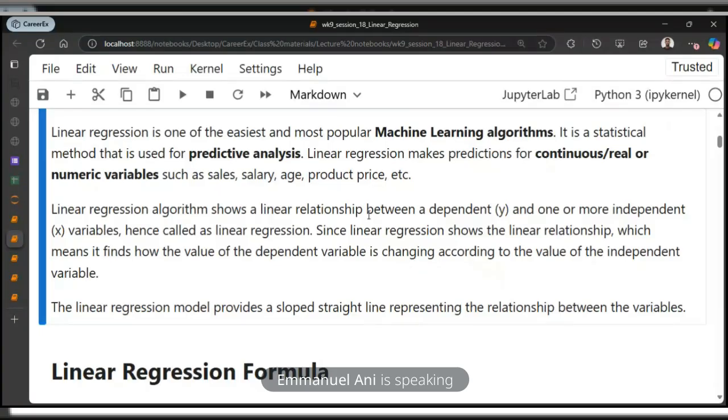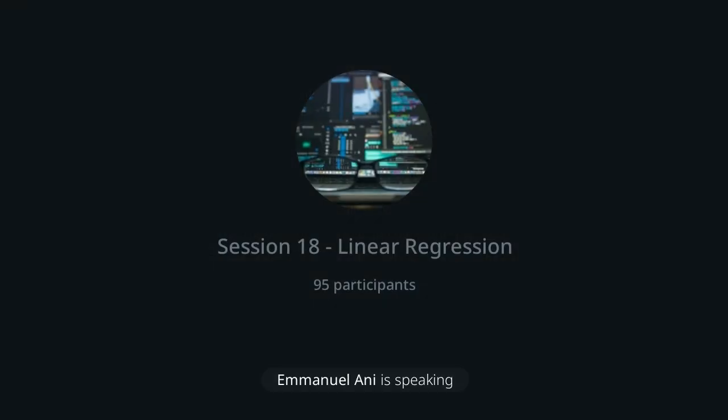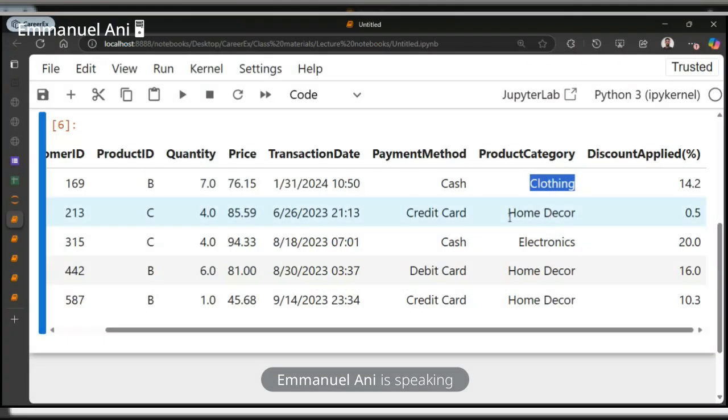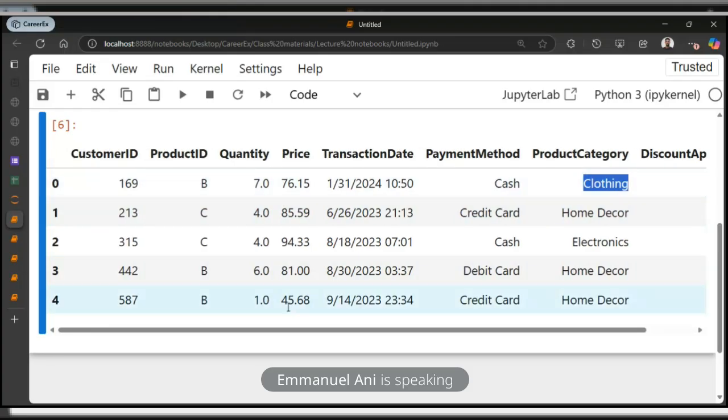So when you have, let's say, the sales data, the retail transaction data that we just showed you, if you use a linear regression model for it, it's going to try to understand how, let's just use price, how price relates with other variables. So it's going to map a relationship between these two types of variables, right?